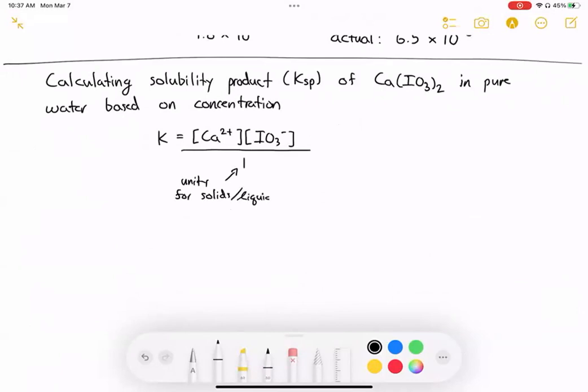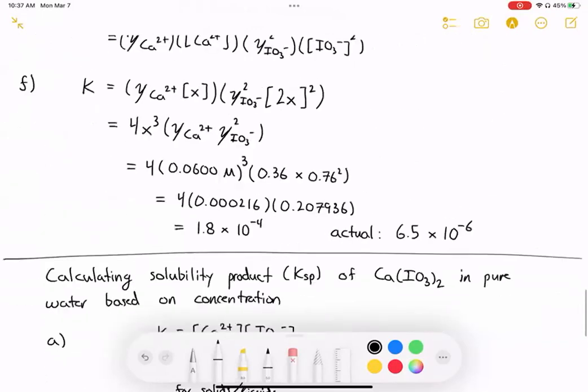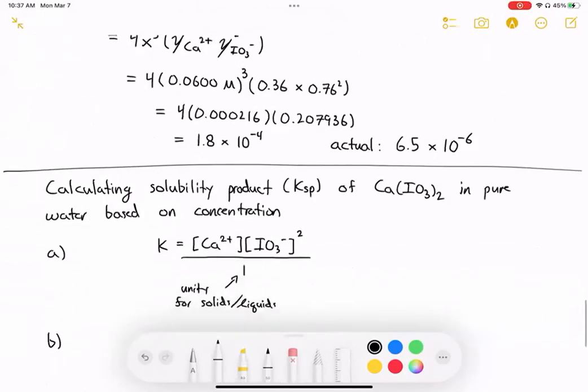We just assume that the change in their concentration won't be much, so we assume they have a ratio of 1, so they don't change. So we can express this in terms of x now, and we did that here. Oh, it'll be squared here.